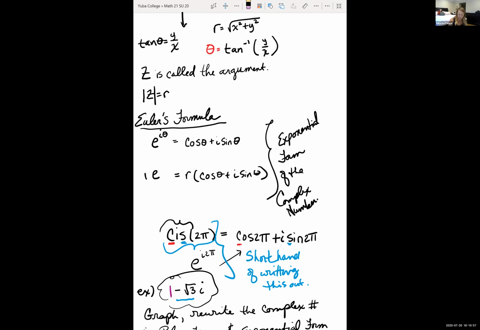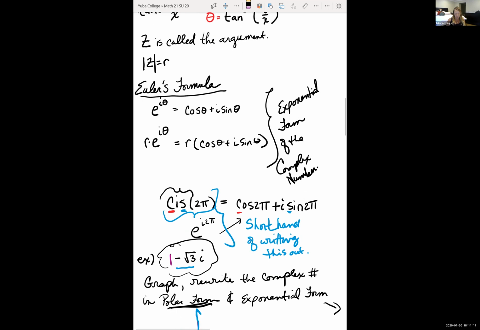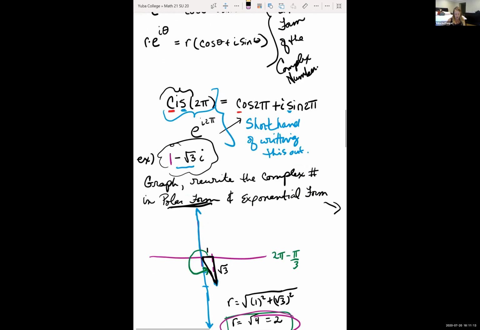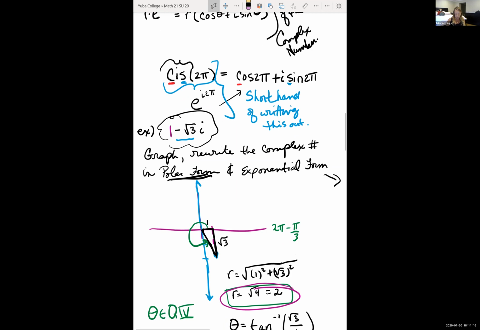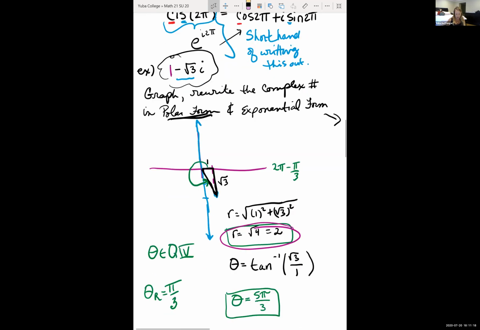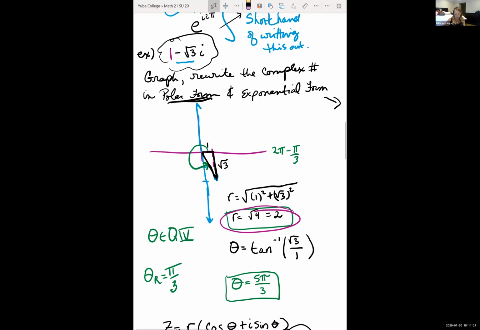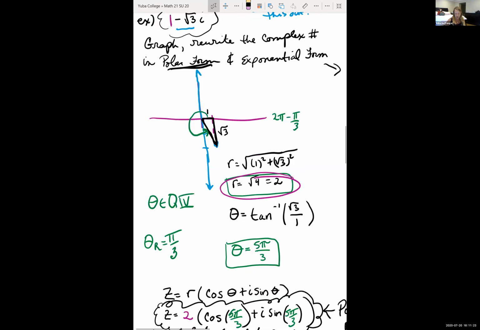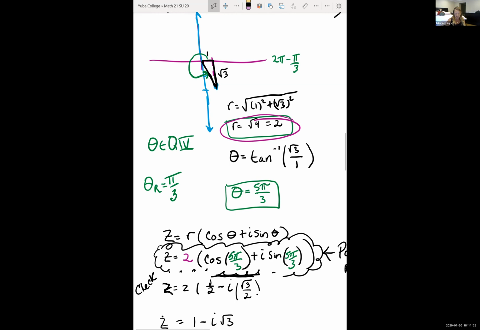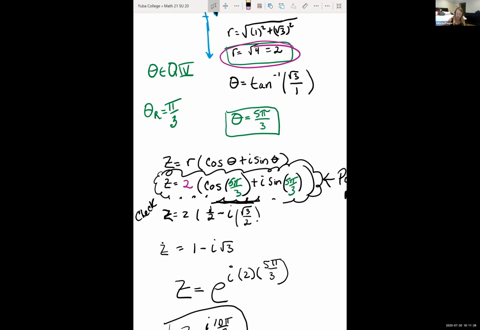This r is out front of the e. So this is r times e to the i theta. So back over here, we're okay till we get to the exponential form. That r, which was 2, needs to go in front of our e.